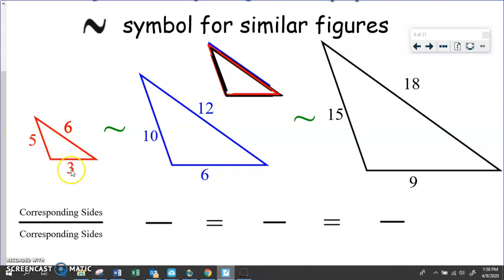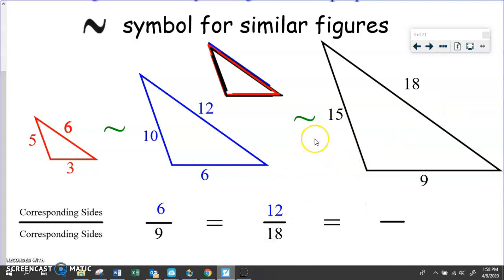And their corresponding sides, if we compared this one, the shortest side in that blue triangle and the shortest side in the black triangle, maybe the longest side in the blue triangle and the longest side in the black triangle.